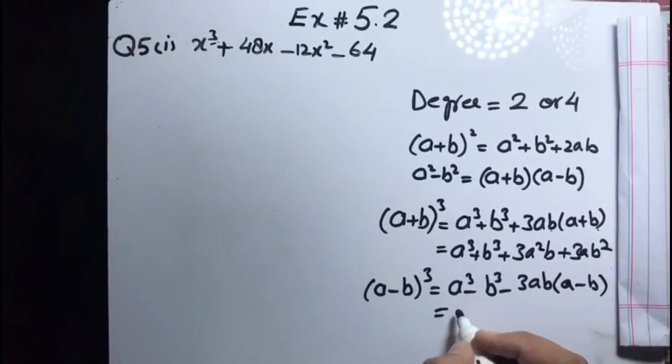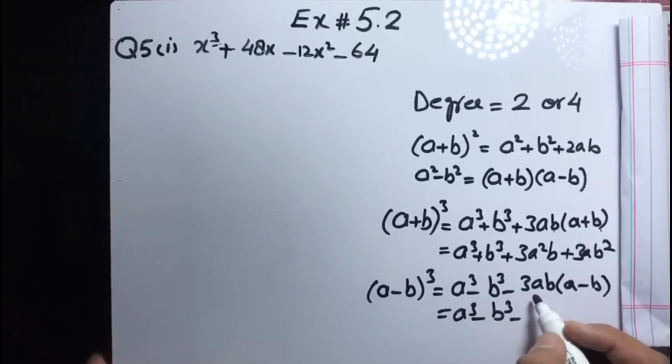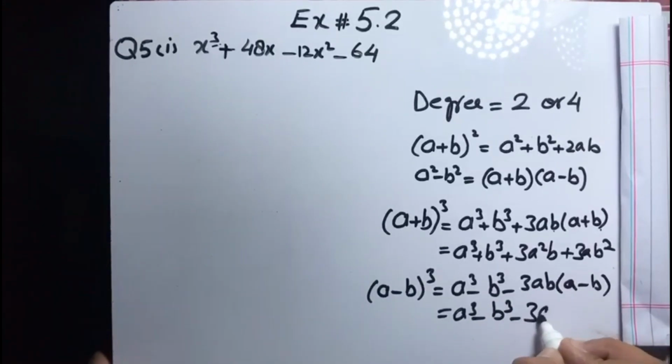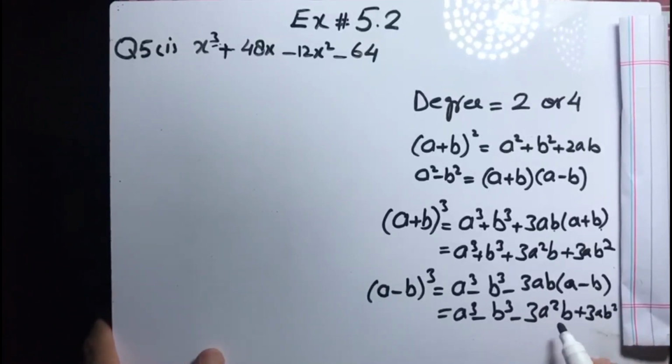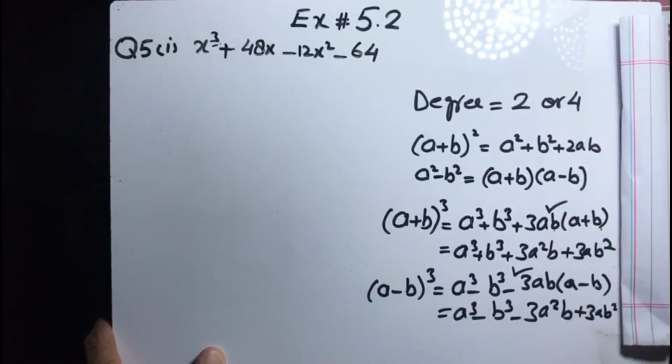Similarly here, a cube minus b cube minus, if we multiply 3ab with (a minus b), we get minus 3a square b, minus minus plus 3ab square. This formula is a little difficult, so we use this formula, plus 3ab and (a plus b), to solve these questions. Now I come to the question.